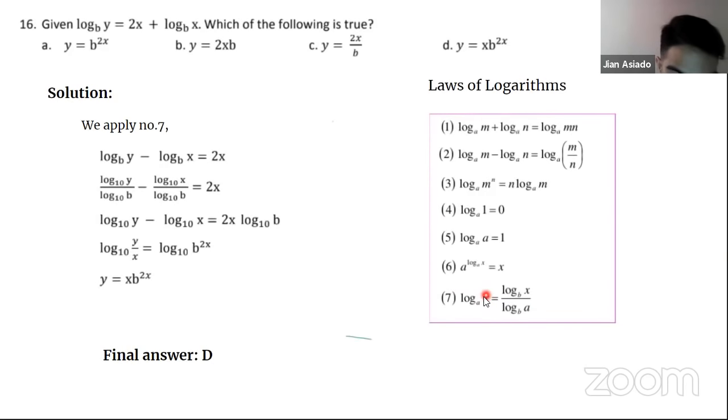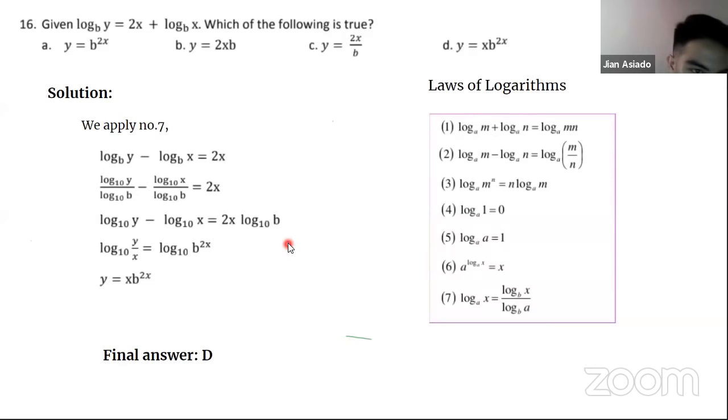Kung ano yung x value dito, and kung ano yung base mo, yun yung nasa denominator. But the one that is beside the logarithm, yun yung nasa taas.